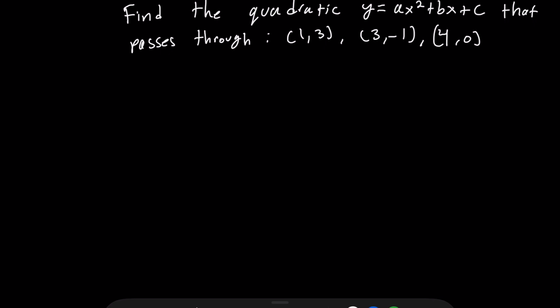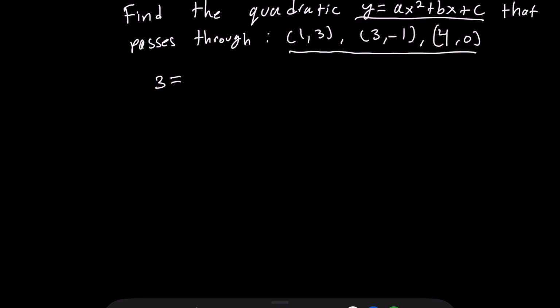Now you might be thinking, well, that's a little complicated. Well, it's pretty much the same thing, except now we're just going to have 3 equations. So first, we have to set up the equations using this information.